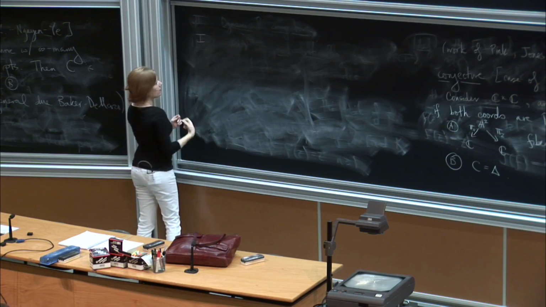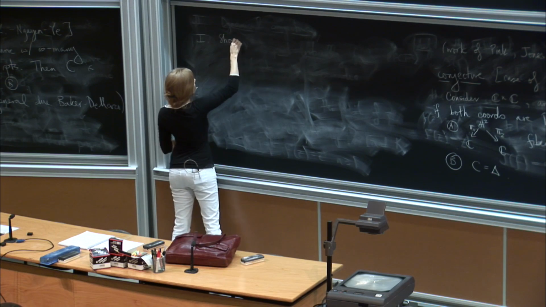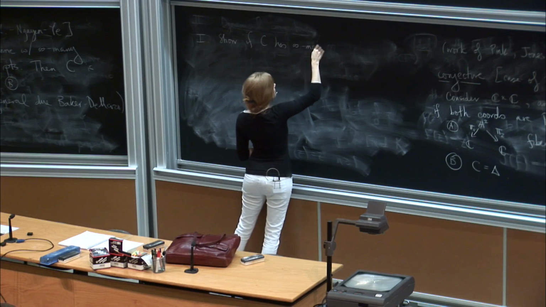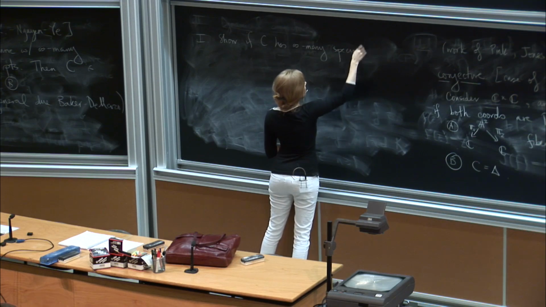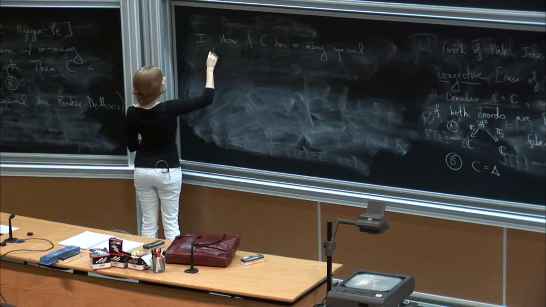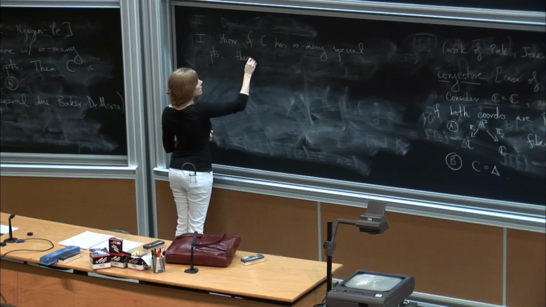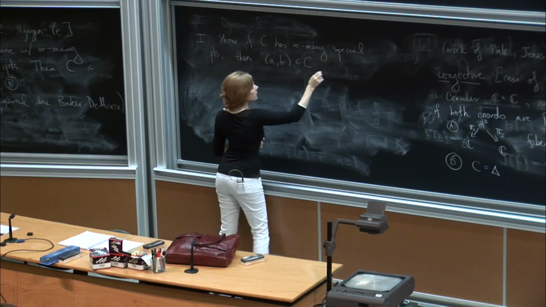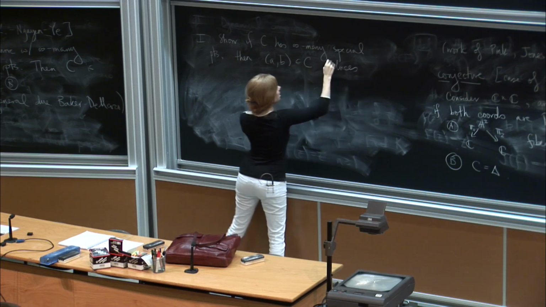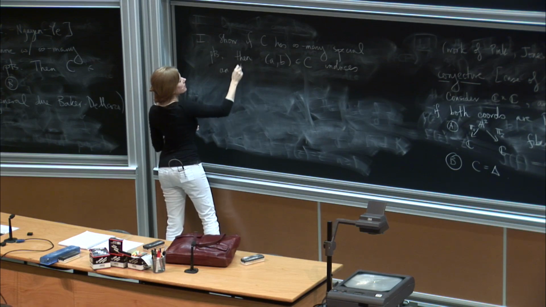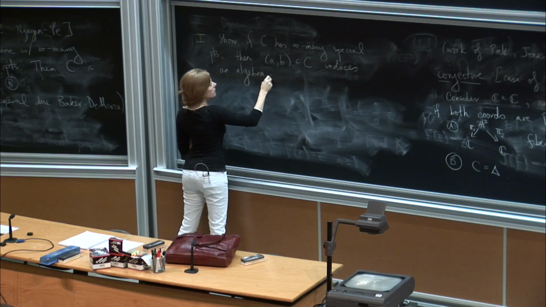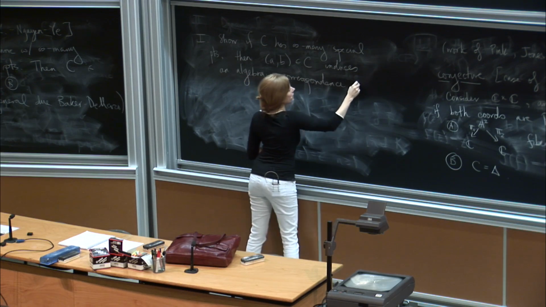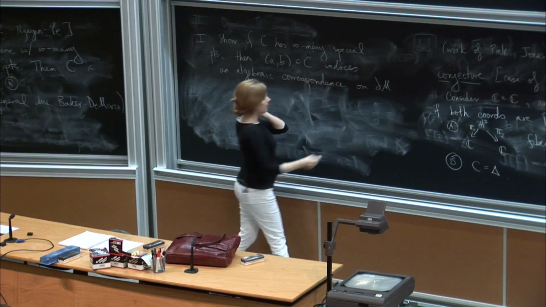So the first step is to show that such a curve, if C has infinitely many special points, then membership in C induces an algebraic correspondence on the boundary of the Mandelbrot set. Okay?